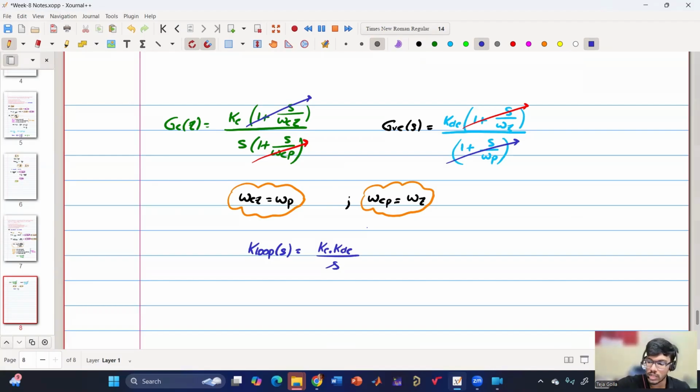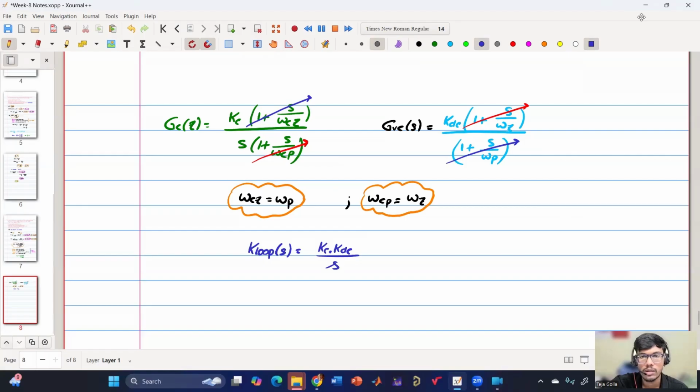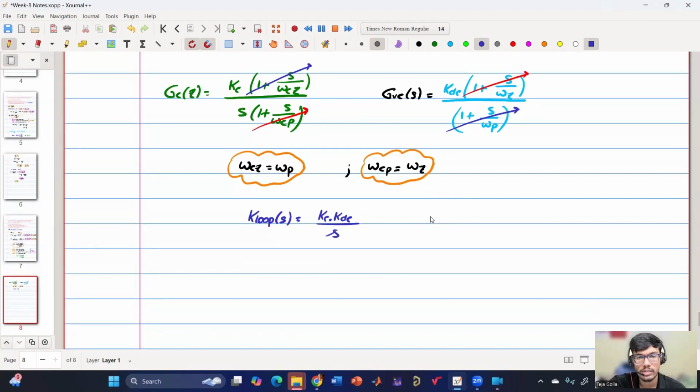So how many unknowns are there and how many equations do we need? Three variables are there so far. Okay. So we have two equations. How are we going to get the third equation? Gain crossover frequency.